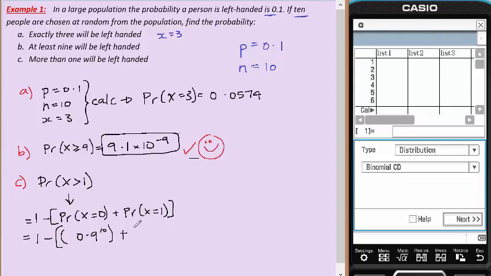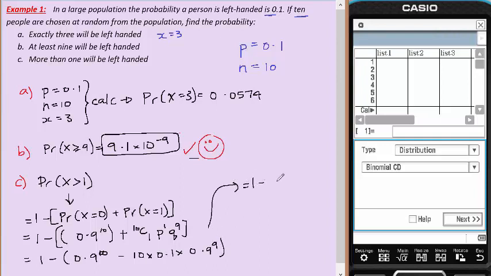And the probability that x is 1 will be 10C1 p to the power of 1 q to the power of 9, which is 1 minus 0.9 to the 10 minus 10 times 0.1 times 0.9 to the 9, which will equal 1 minus 0.9 to the 10, which should be a plus there, shouldn't it? Plus 0.9 to the 9.